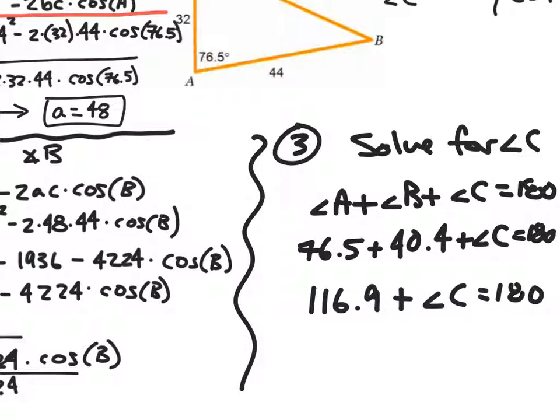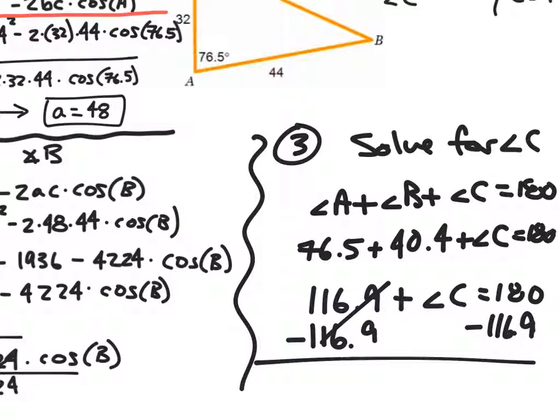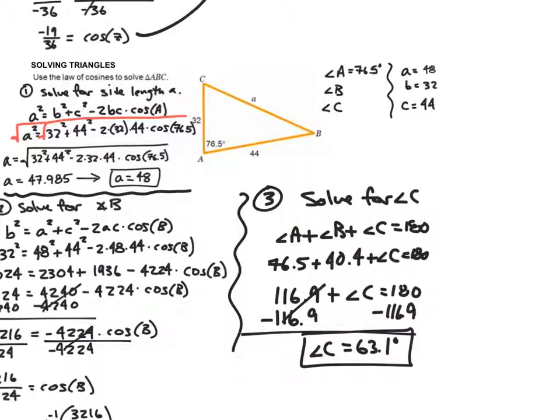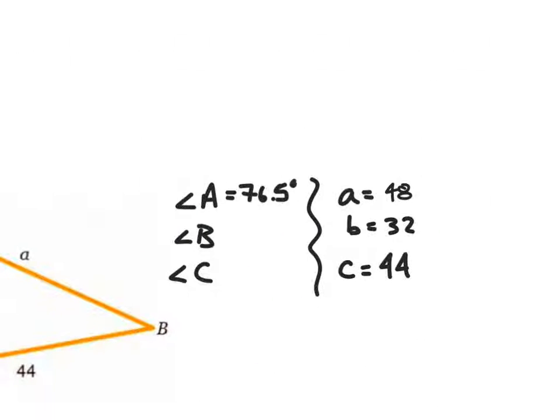Now subtract both sides by 116.9. So 180 minus 116.9 gives me that angle C is equal to 63.1 degrees, which makes sense because it's lower than angle A. All right, so for angle B, we get 40.4 degrees. Angle C, we get 63.1 degrees.